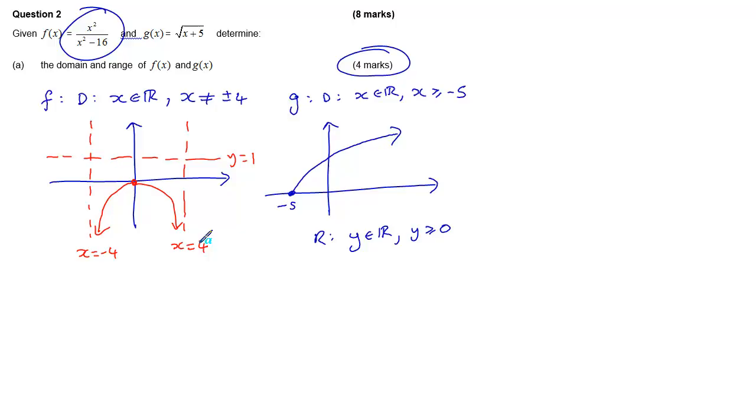And when we're close to 4 or negative 4, this is going to still be close to infinity, so it suggests that it's going to do something like this in both of those areas. So once you've got that, then you can say the range is all reals, but from this section we can say y is less than or equal to 0, and from these two sections y must be greater than 1.